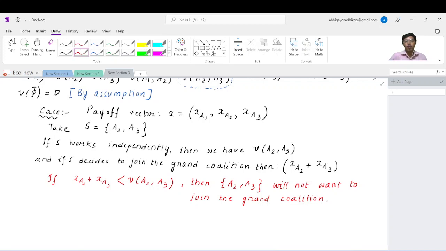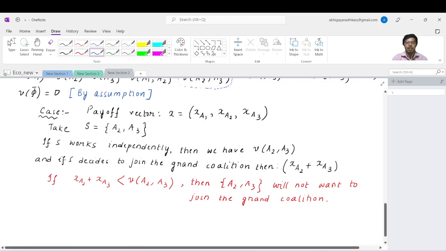It is not allowing for the overall cooperation that we are trying to look at. So hence we say that this coalition S blocks the grand coalition. This is the term that we use. Blocks the grand coalition.